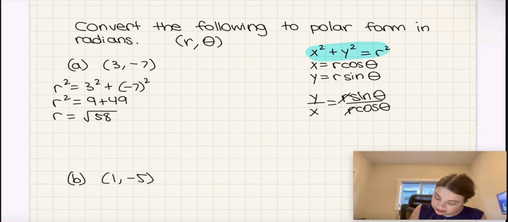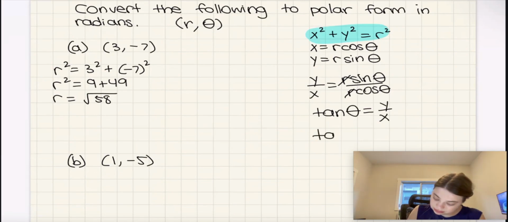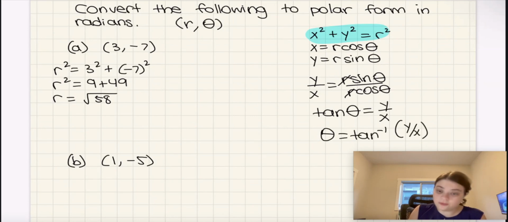The r's cancel out, and sine over cosine, recall, is just tan. Therefore, tan theta is equal to y over x, meaning that theta itself is equal to tan inverse of y over x.